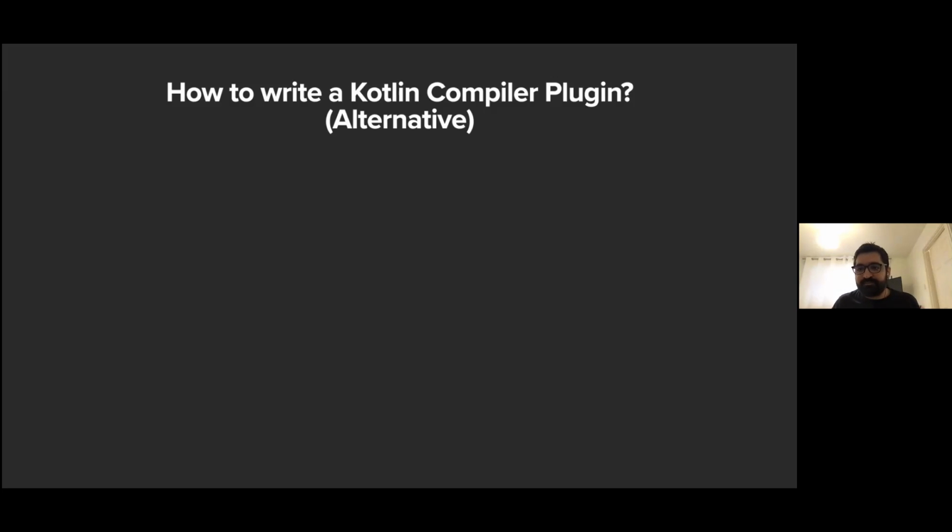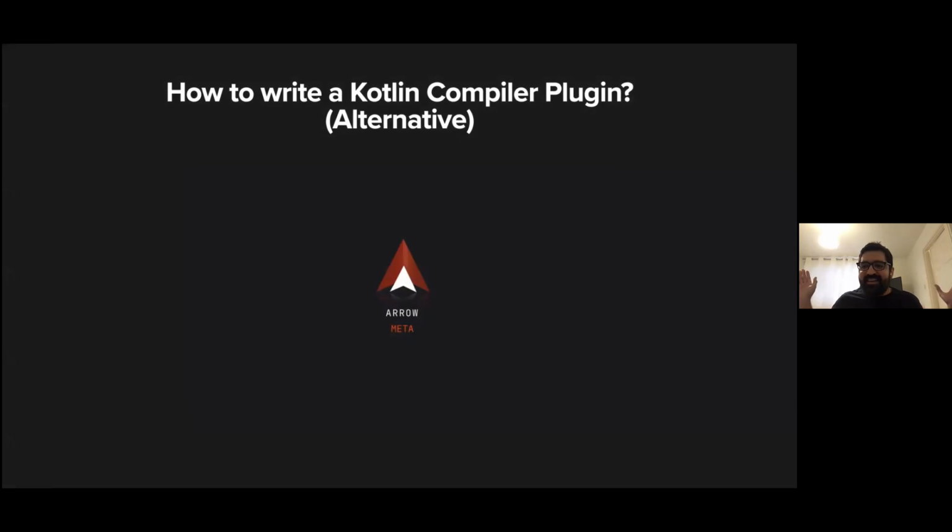This tool is called Arrow Meta, and I'm conscious that this is the second presentation in this meeting that mentions Arrow. I really wasn't expecting that, but I guess it's a nice tool, and we saw it in the two presentations of today. So Arrow has this tool called Arrow Meta.